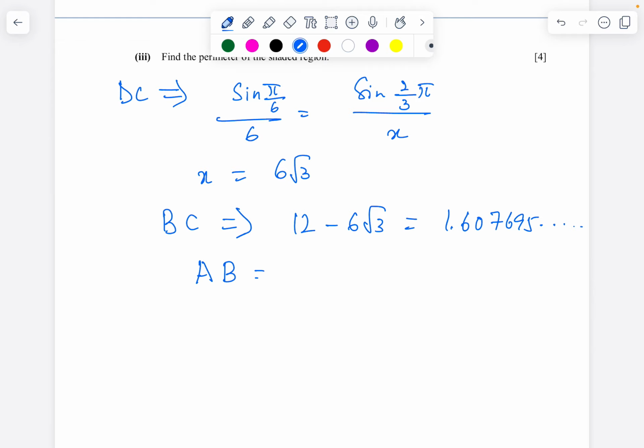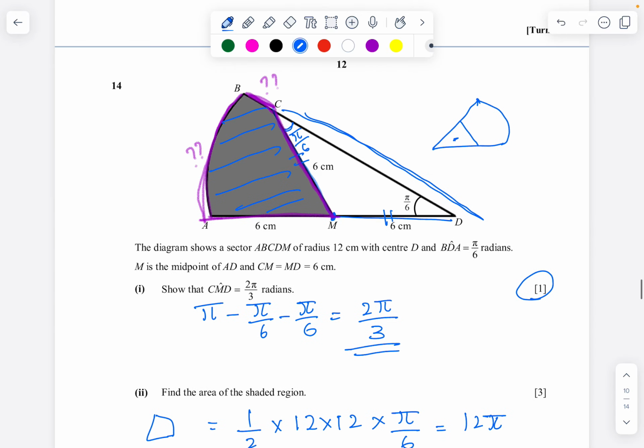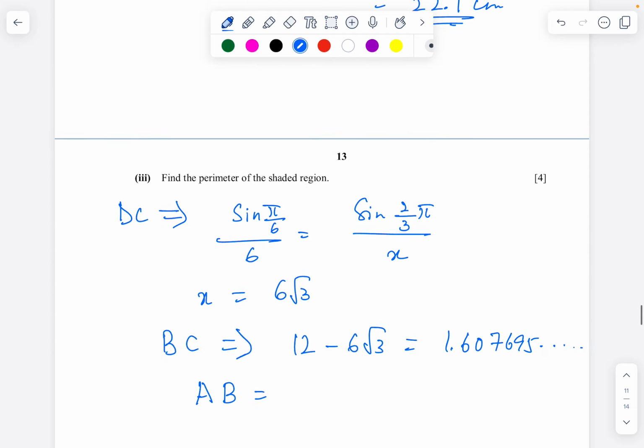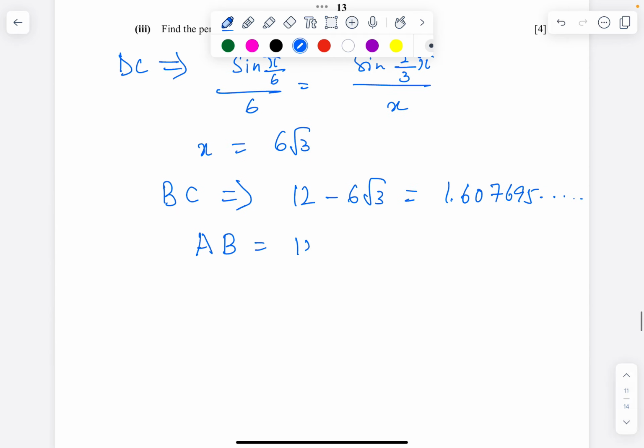So AB is the arc length, right? The arc length formula is r theta. So 12 times pi by 6, which is 2 pi. So now let us write the perimeter.